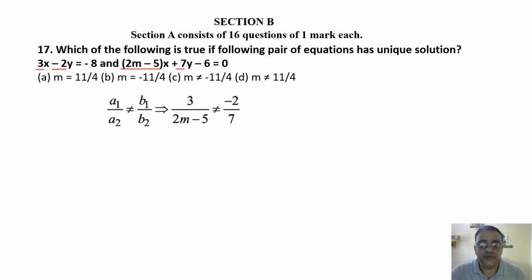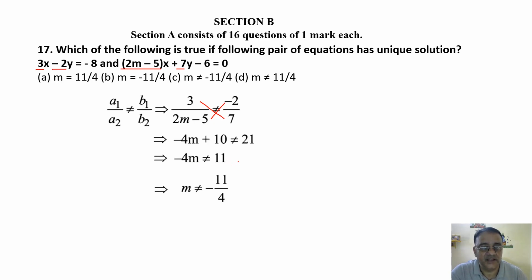So 3 upon 2m minus 5 is not equal to -2 by 7. अब हम लोग क्रॉस मल्टीप्लाई करेंगे, that is -4m plus 10 is not equal to 21. Now shift this 10, subtract both sides by 10, so we are getting -4m is not equal to 11, so m is not equal to -11 by 4, and the correct option is option C.